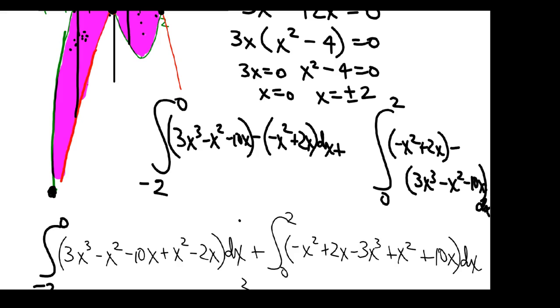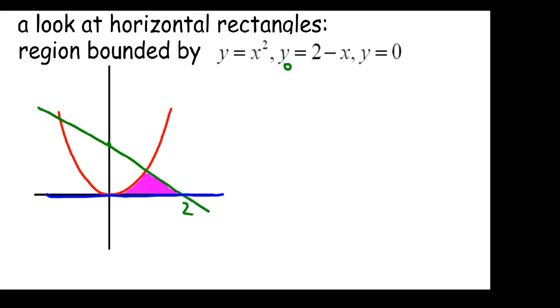Sometimes it's unavoidable, but if I can draw one rectangle typical to that region, it cuts my work tremendously. The problem is, if I draw it vertically, right there it's red minus blue. Right there it's green minus blue. That means 2 integrals. Is there another way? Yes.